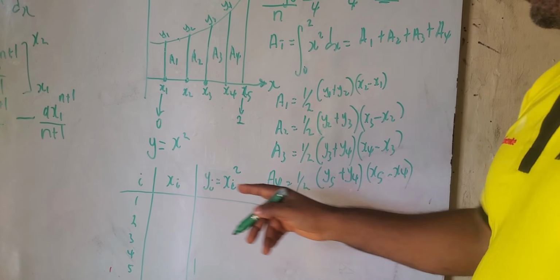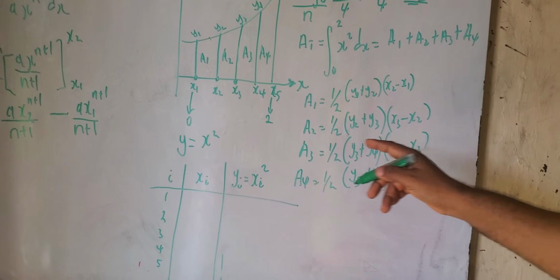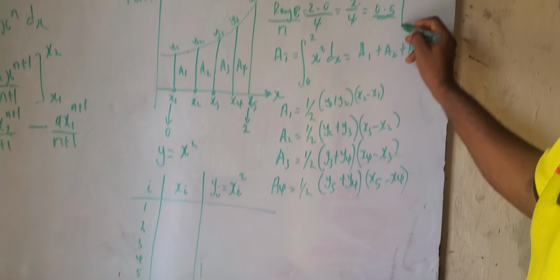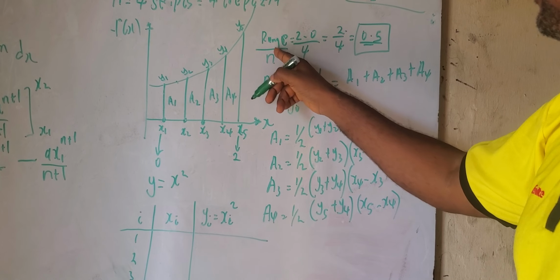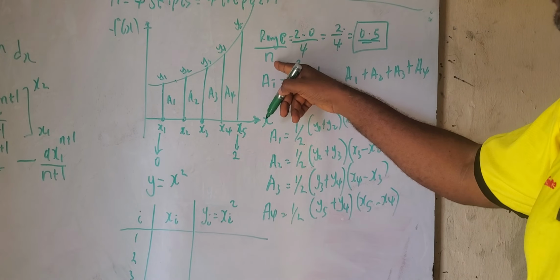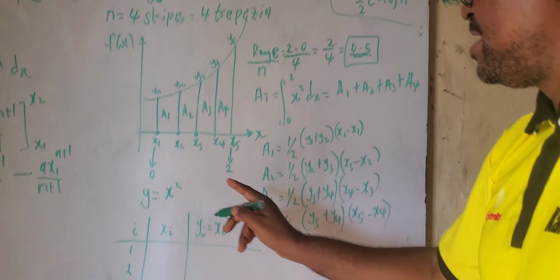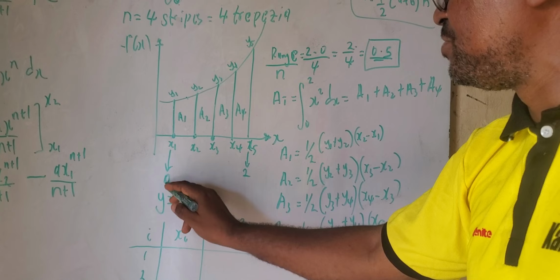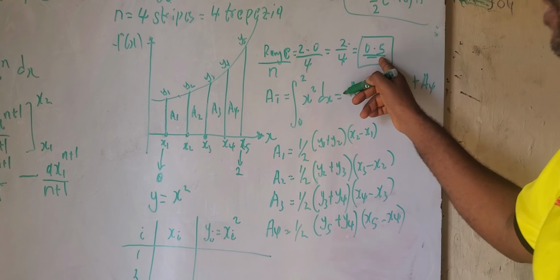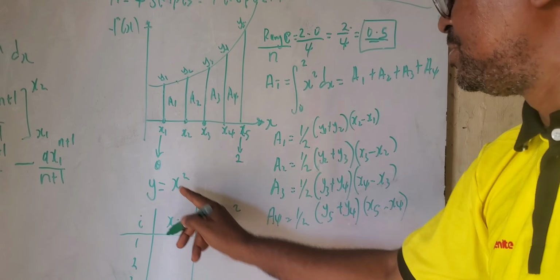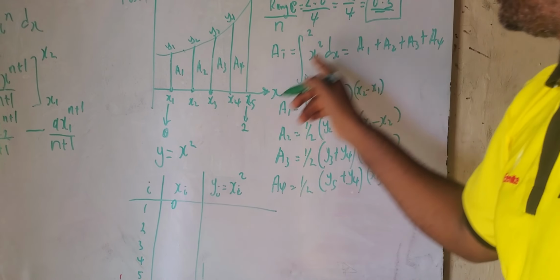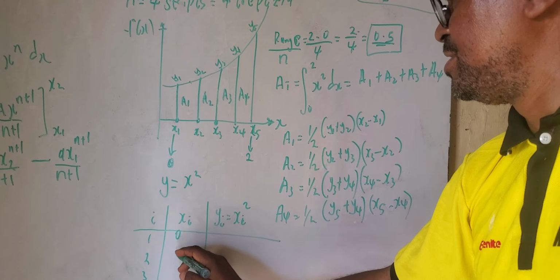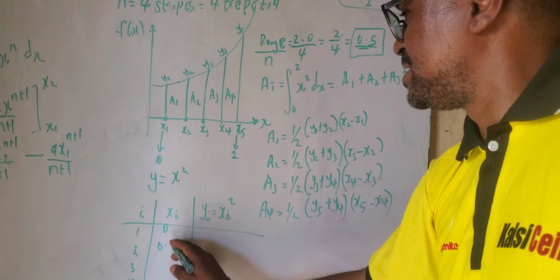So now, what do we do? If you look at my relationship here, the interval given, the range divided by the number of stripes, is 0.5. I'm going to start with 0. The next one will be 0 plus this 0.5 that I have here, which gives us x2 when our counter is 2, so it's going to be 0.5.